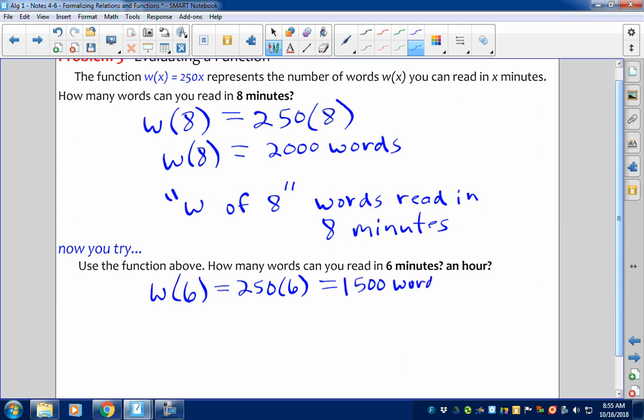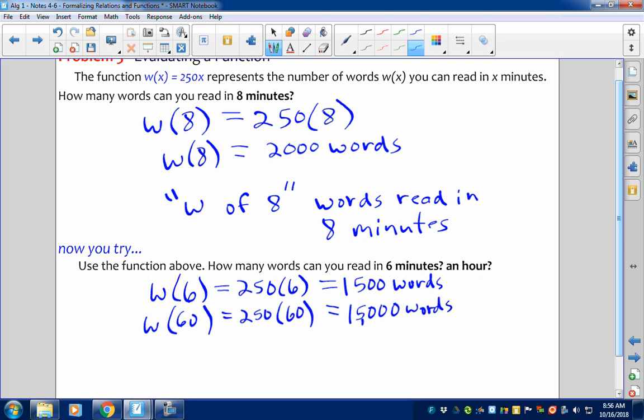And how would it change if you were finding how many words you can read in an hour? This would be W of 60. So it would be 250 times 60, which is going to add another 0 to my 1,500. So I'll be up to 15,000 words.